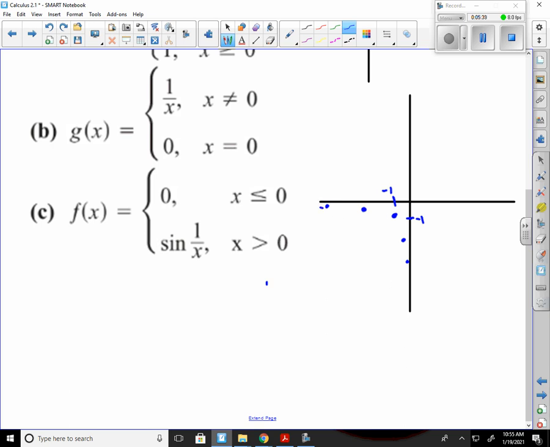And so you can see I have this curve that's shaping around and it never actually touches 0. Then on the right hand side, if it's 1 over 1, that's going to give me 1. If it's 1 over 1/2, that gives me 2.